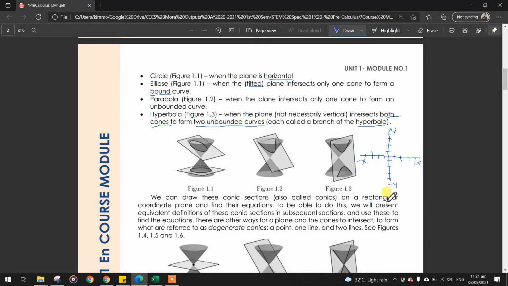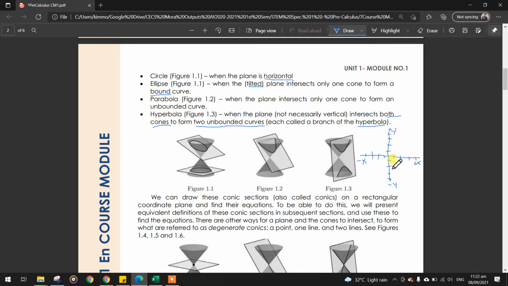So again, this is our rectangular coordinate plane. So ang kanidang conic section, kaning circle, kaning ellipse, kaning hyperbola o parabola, atong ni siyang ma-draw sa isa ka rectangular plane, which is kaning nag-consist sa imong x and y plane. And also, we can find their equation.